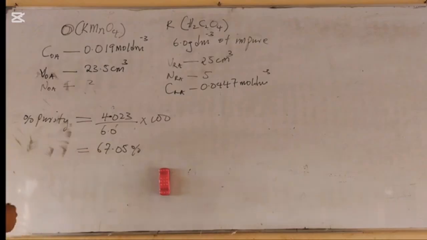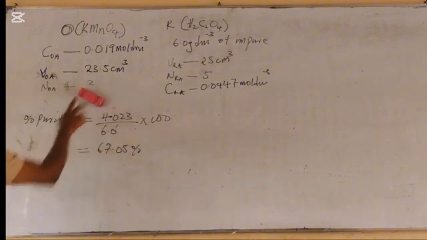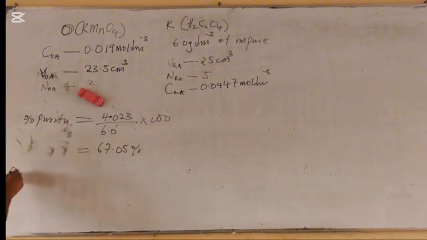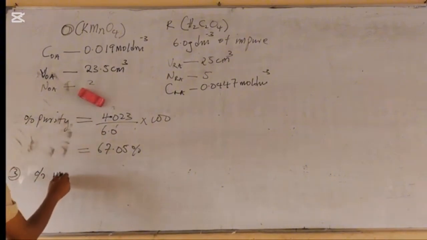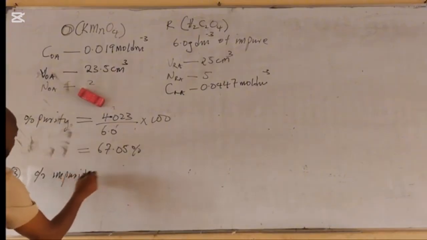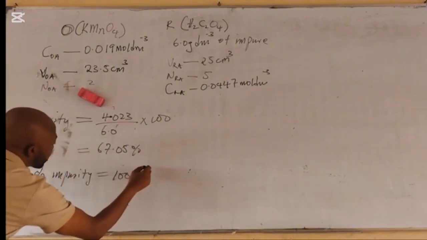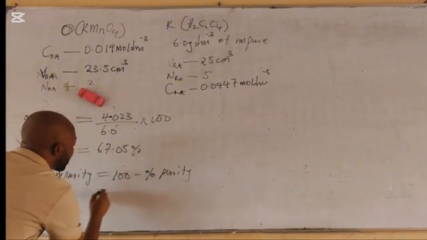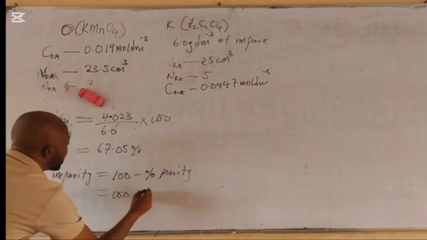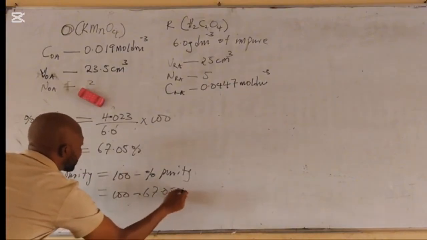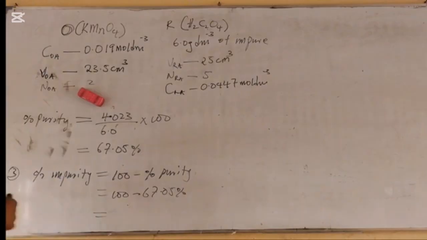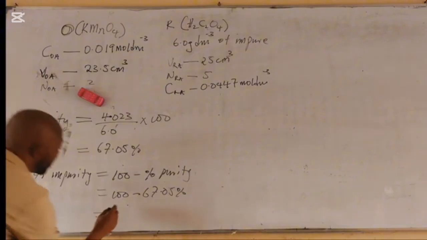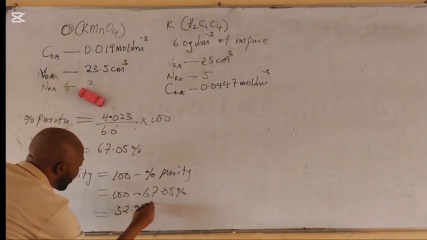So now finally, let's see what it is, the percentage impurity. So finally, we say percentage impurity is equals to 100 minus percentage purity, which is equals to 100 minus 67.05%, which is 32.95%.